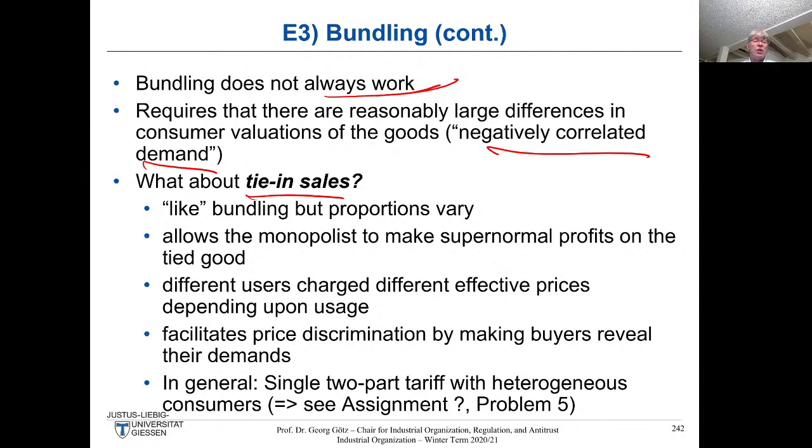Actually, I don't need to talk much about tie-in sales because that's what we discussed at some length in this two-part tariff example. These tie-in sales help to differentiate or discriminate between users who have different demands. That's what we discussed last week.